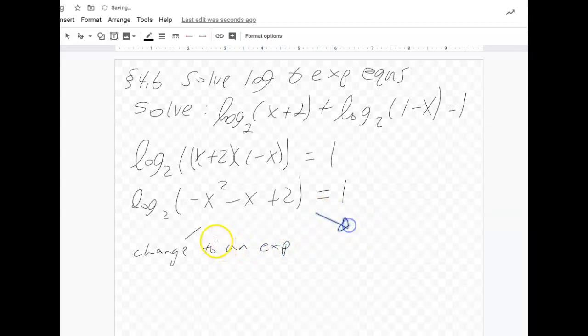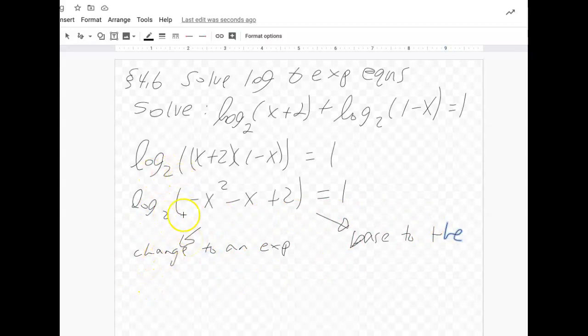But another thing that we can do, and we saw it in the other examples, is that you could still identify the base of the logarithm and do the base to the. And so either way, the cool thing about this is that you're still going to get the same result.